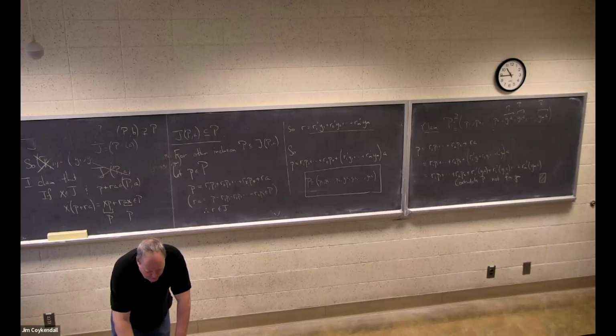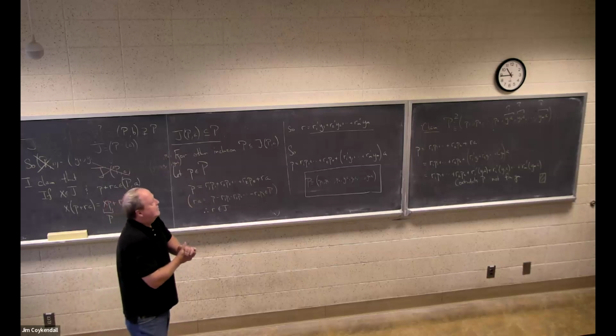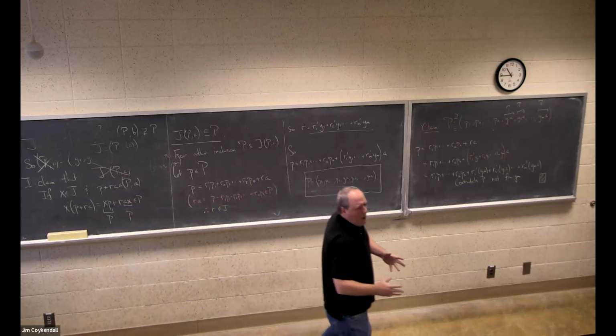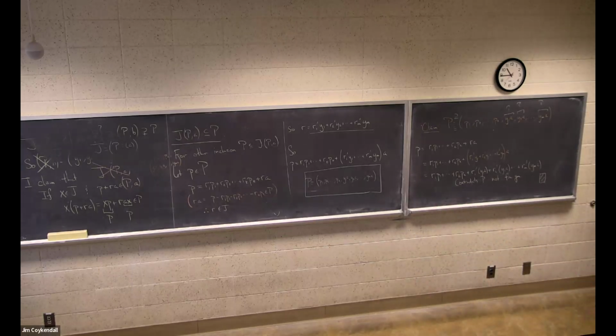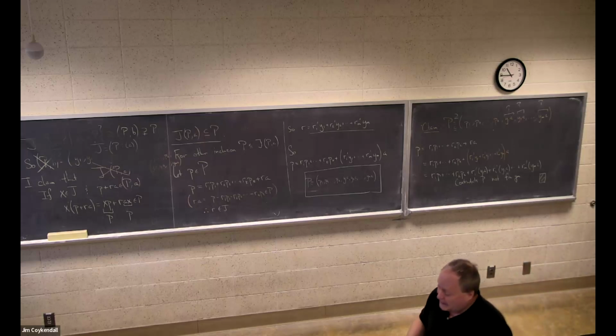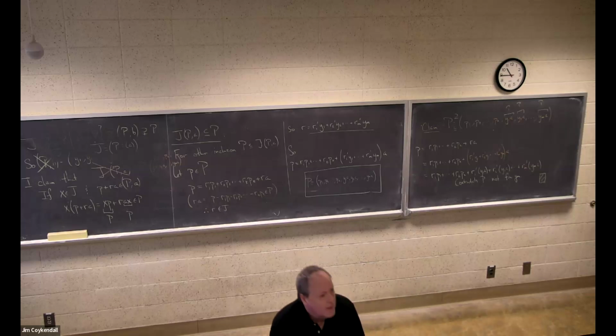Okay, let's go through this problem. We know from our experience so far, when we did the Zorn's lemma argument and whatnot, that if you take the union of a chain of ideals, you get an ideal, correct?